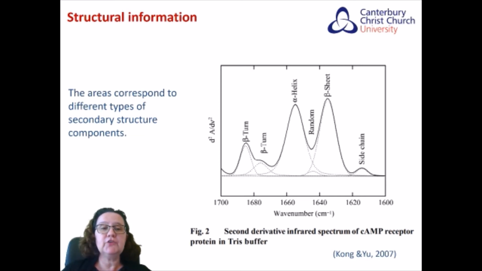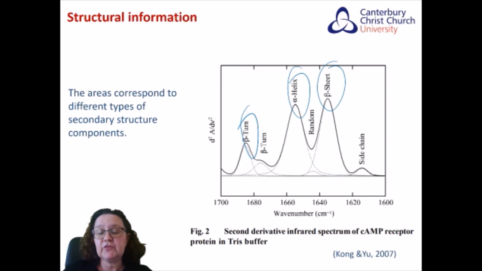This is, for example, how you can use amide bands to determine not only the nature of the secondary structure of the protein, but also the proportion. The area under each peak corresponds to the percentage of beta turns and alpha helix and beta sheets in that particular protein. And this again is the second derivative. It's not the original spectrum.